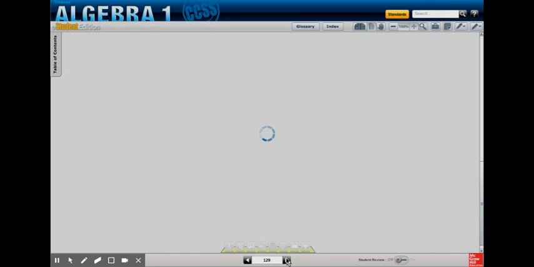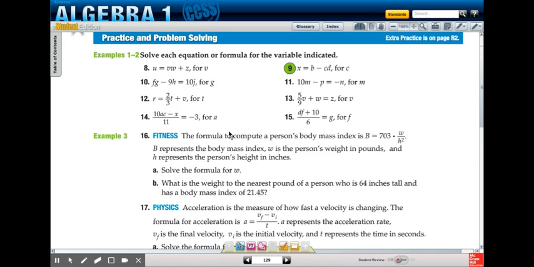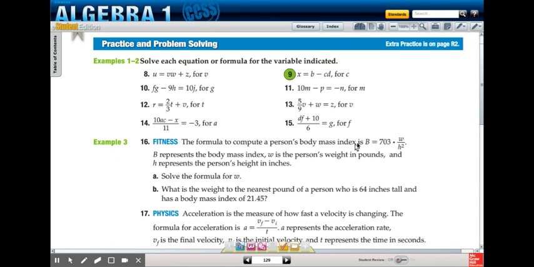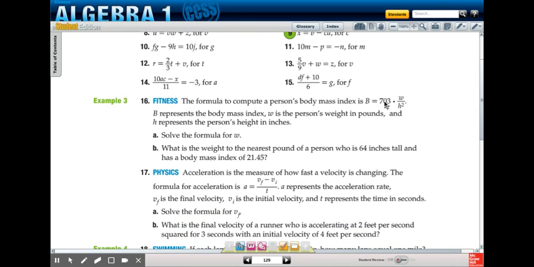All right, let's go here. So, you are going to do these where you're solving for the variable like the ones I did. Same thing here. They ask you to solve for a certain variable. See how that goes, because like this one here, you could multiply, I always forget to turn my pen back on.